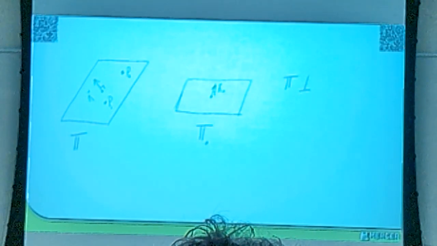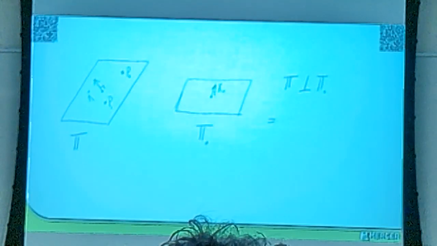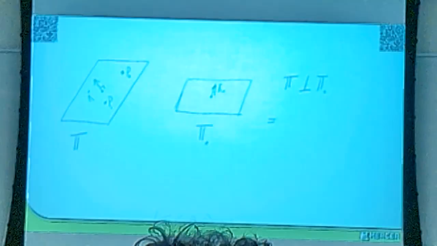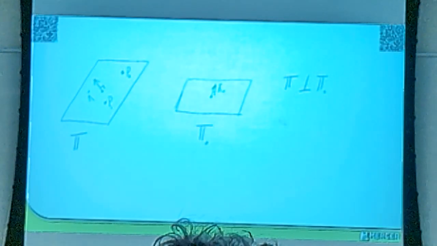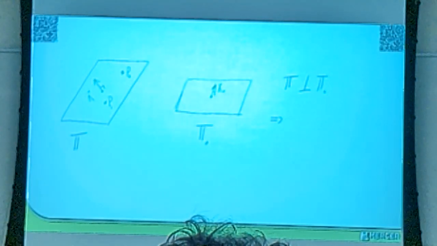We're told 2 planes are perpendicular. So what does that mean about the normal vectors? Zero. They should equal 0. What about them should equal 0? The cross.